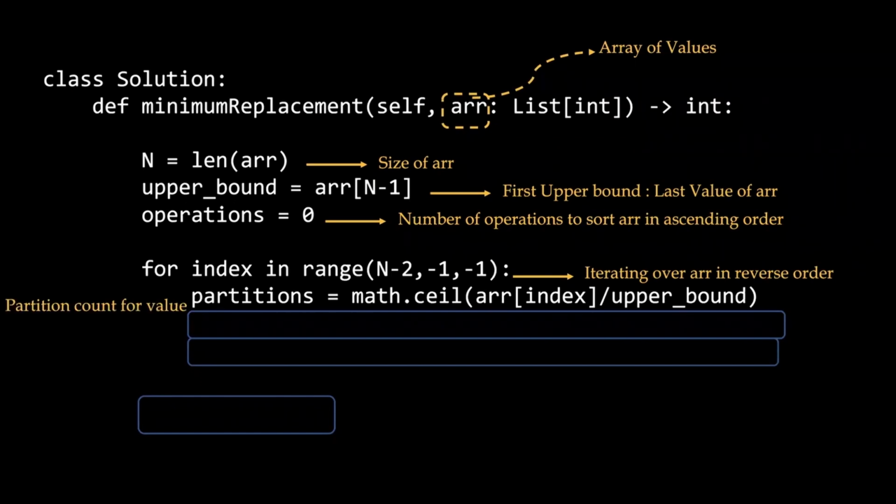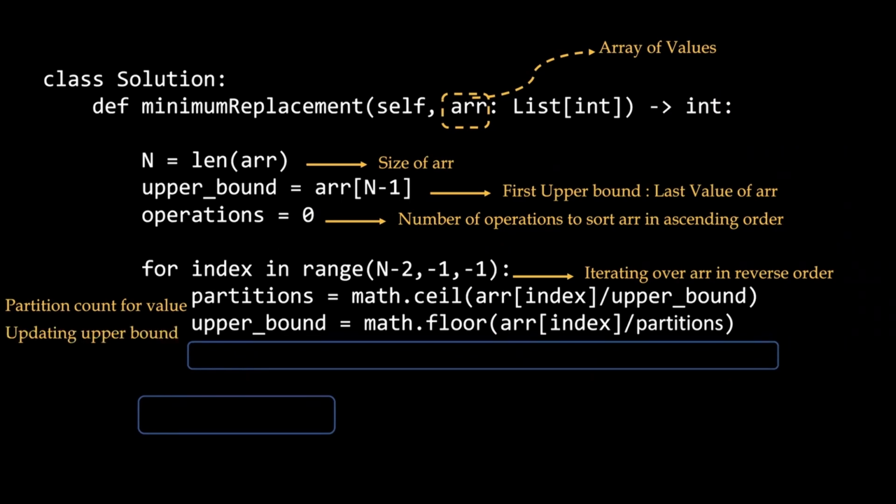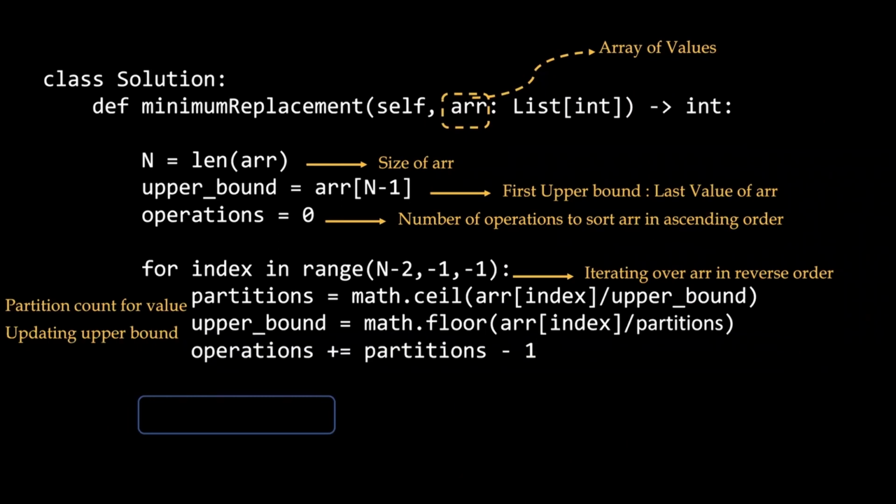This partitions variable stores the count of the partitions for a particular value. Now we will update our upper bound, which will be the floor of array of index divided by the number of partitions, like equitable distribution of the value of array of index among the partitions. Then we will update our variable operations by incrementing it with partitions minus 1.